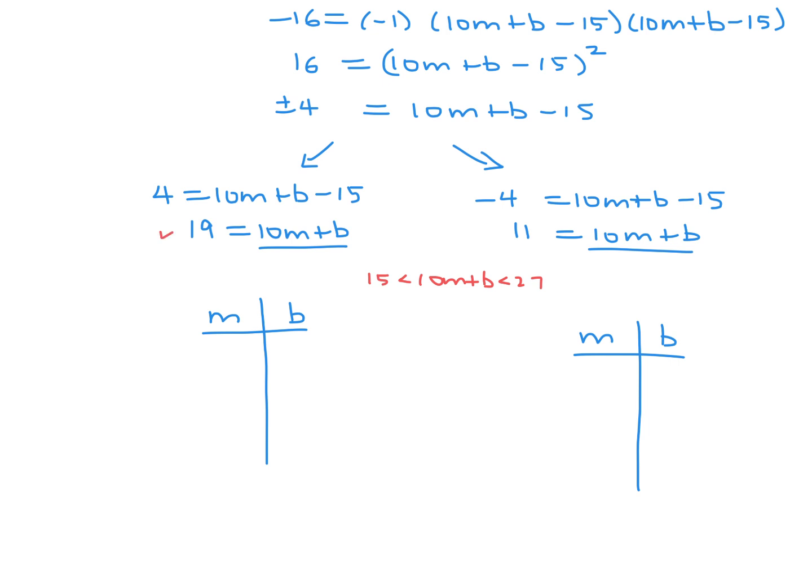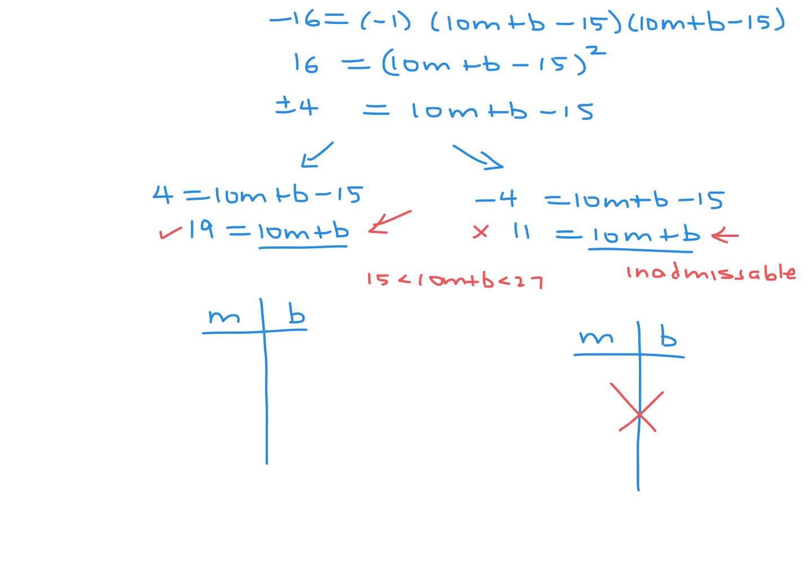So this would be fine because 19 falls in that range, but this would not be fine. So this is, I guess, inadmissible, or contradicts, or whatever term you want to use. So we don't need to figure out that one. We just have to concentrate on this one. Okay, that's a good thing.